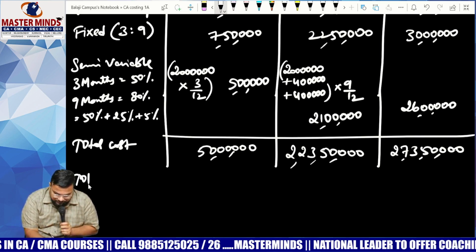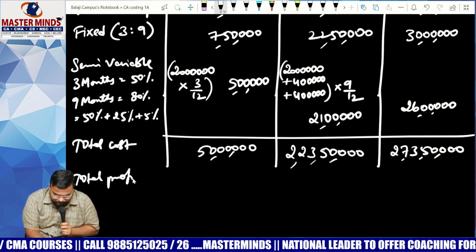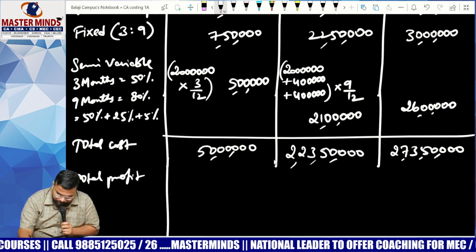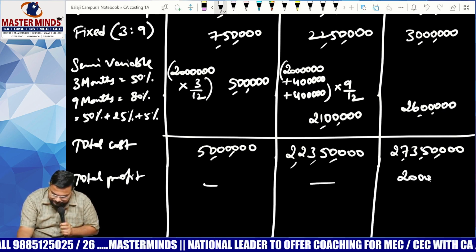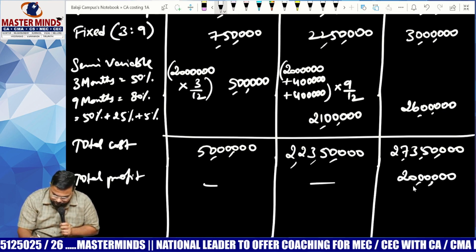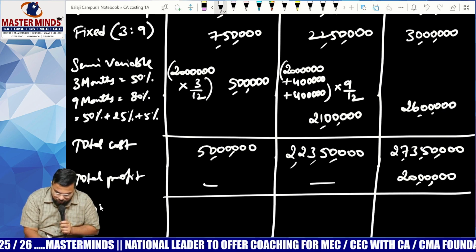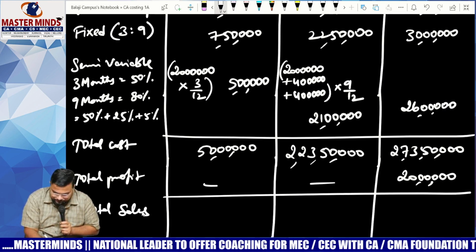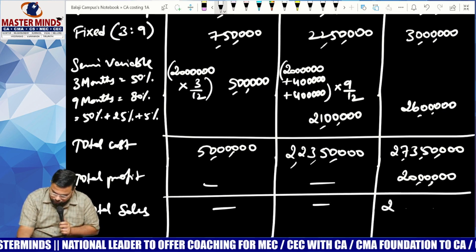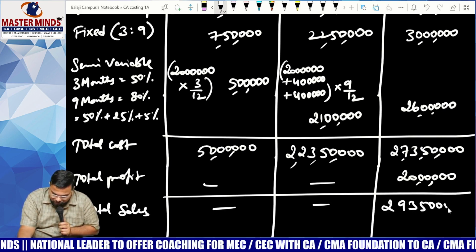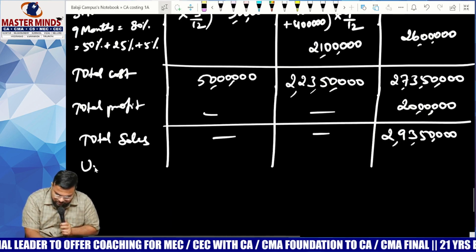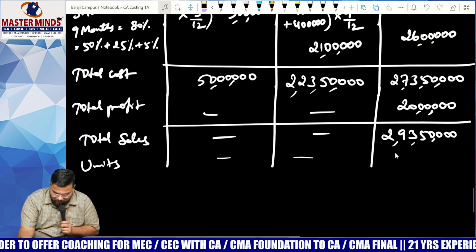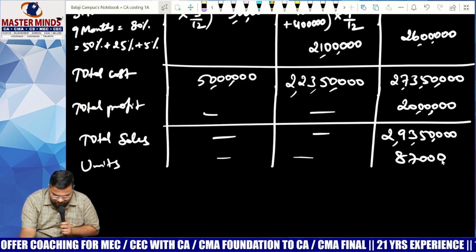Total profit, 20 lakhs. Total sales, 2 crore 93 lakh 50,000. Units, 87,000.